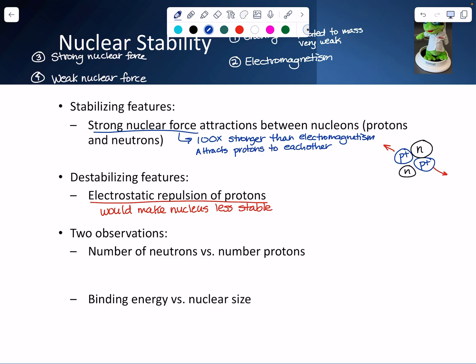So it's very, very short range. Electromagnetism can act over some distances, but the strong nuclear force requires contact. The big but is that it's a very close range force and requires contact between the particles.